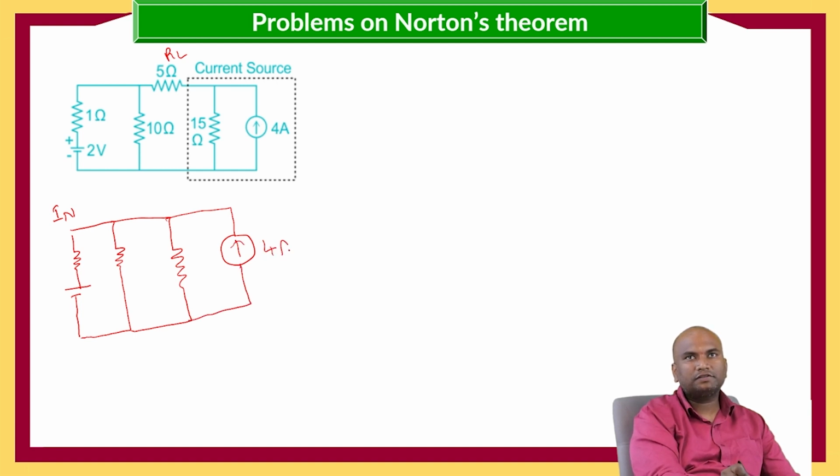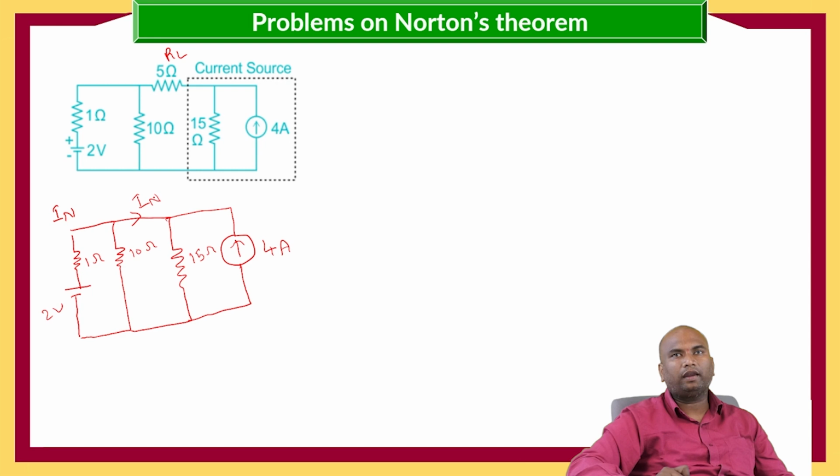Four amperes, 15 ohms, 10 ohms, 1 ohm, 2 volts. Here we need to calculate what is the Norton's current.